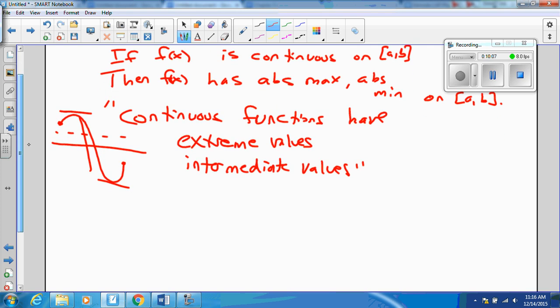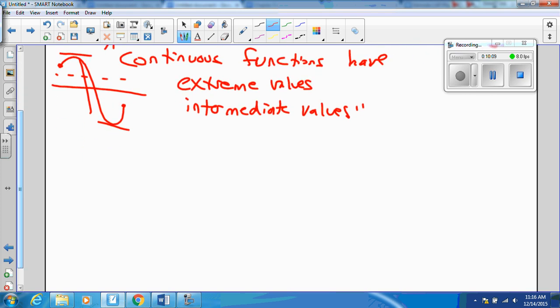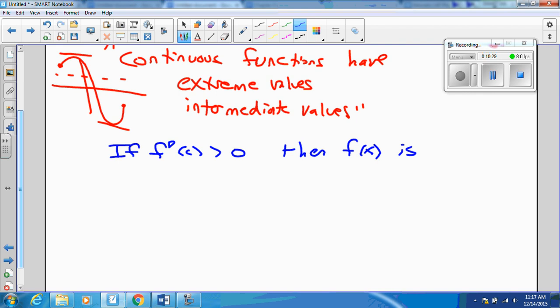All right, good. So that was the extreme value theorem. Then from that, we had a definition of increasing or decreasing through a point. So our second theorem was that if f prime of c is positive, then f of x is increasing through c.